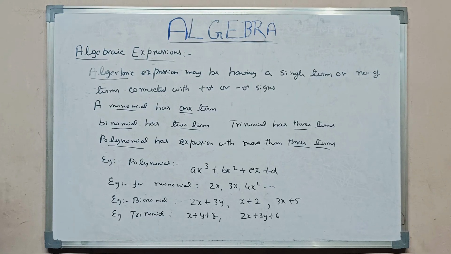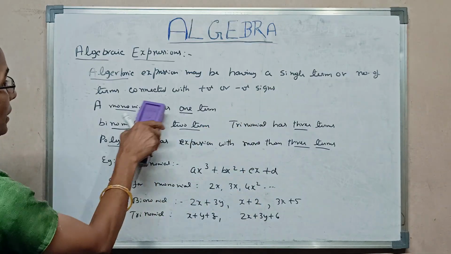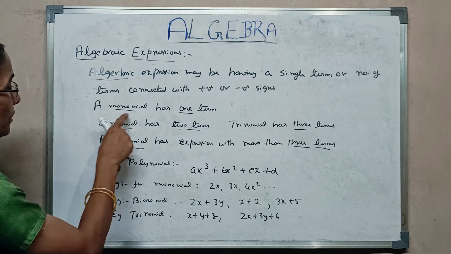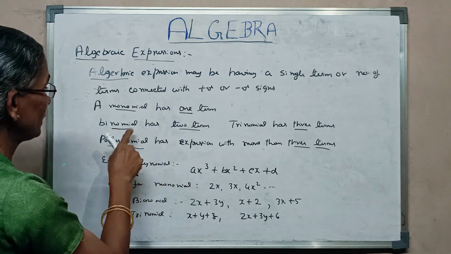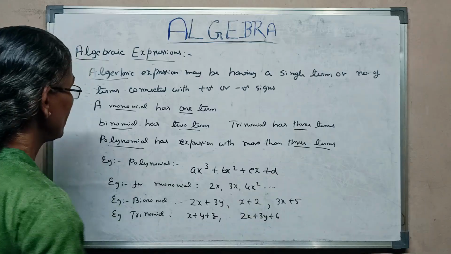Next, degree of monomial. Algebraic expressions may have a single term or a number of terms connected with positive or negative signs. Here monomial means one term, binomial means two terms, and trinomial has three terms.